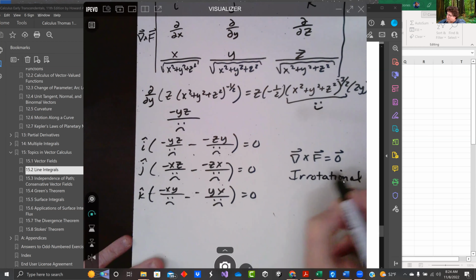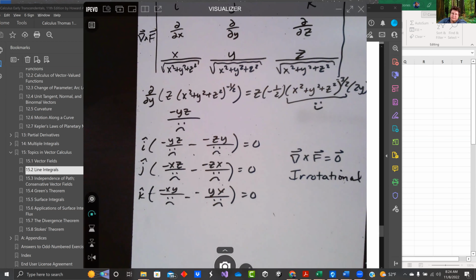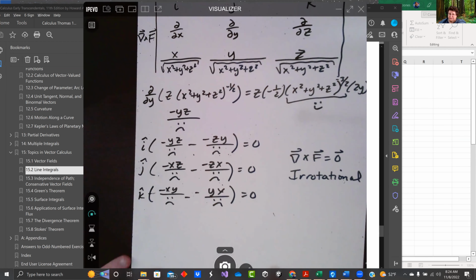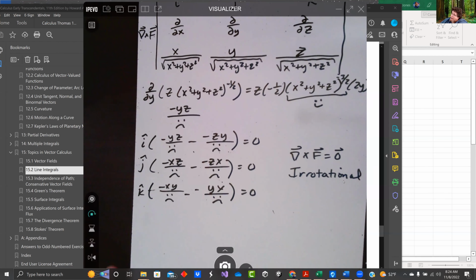And it's also the reason why I chose this: I knew the curl was going to be 0, and I wanted to segue into the next area. And it took a really long time to segue. I didn't realize it was a 15-minute problem.